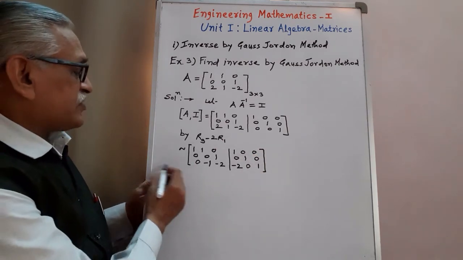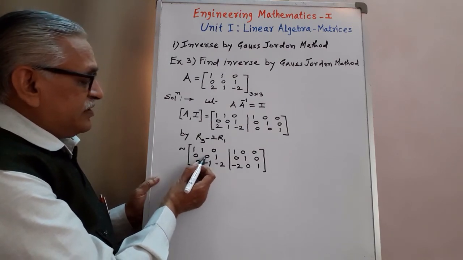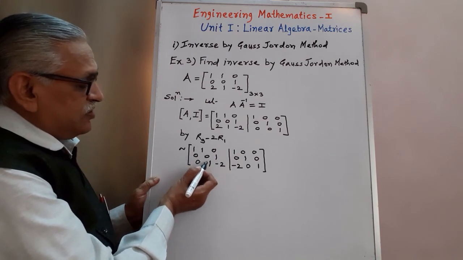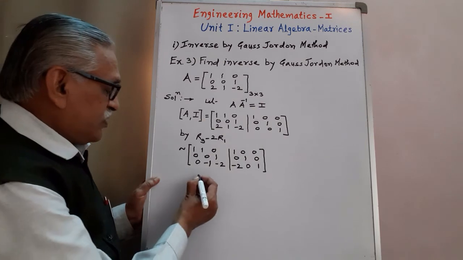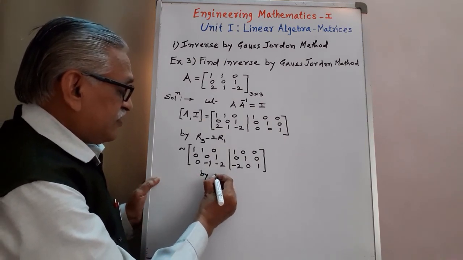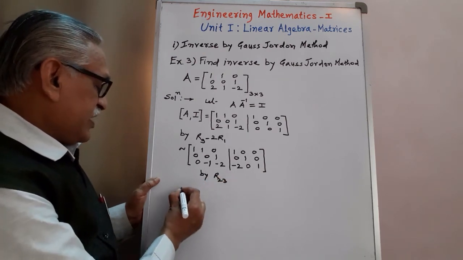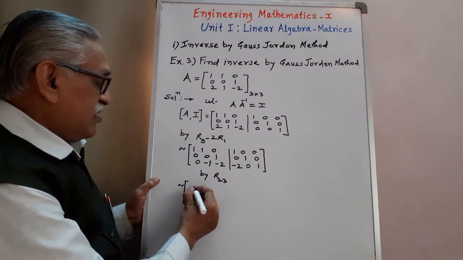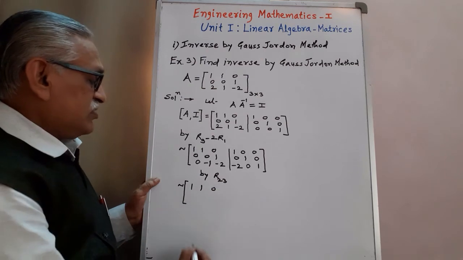Okay, then next, we get 1 here, but the second diagonal element is 0, so we interchange these two rows so that we get minus 1 here. Therefore, by R2 and R3 interchange we get 1 1 0.